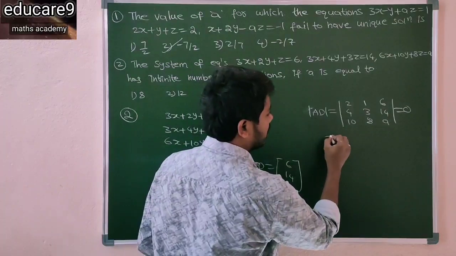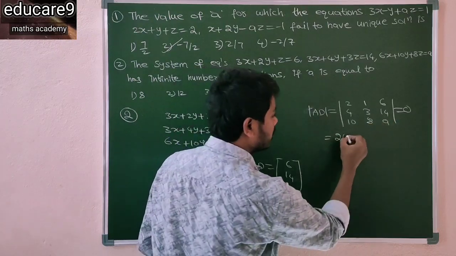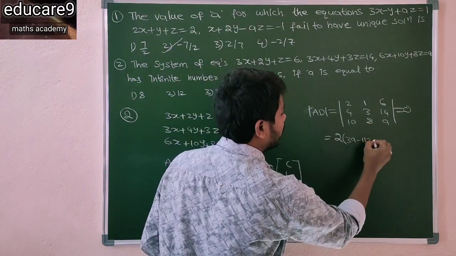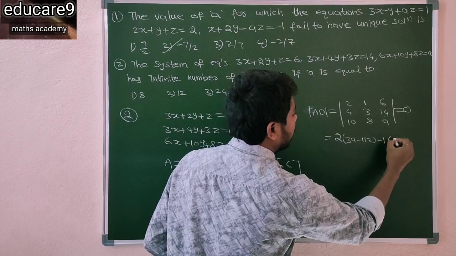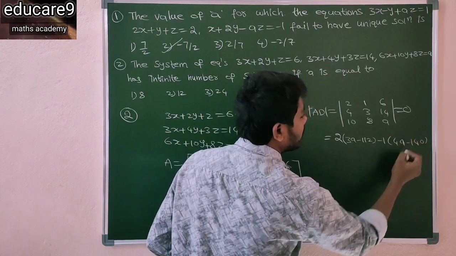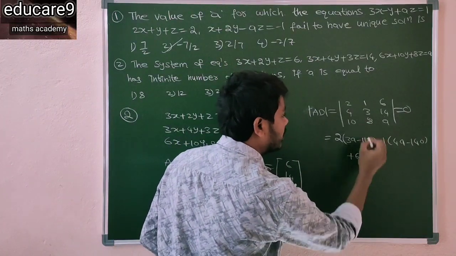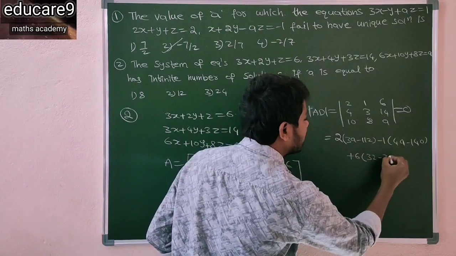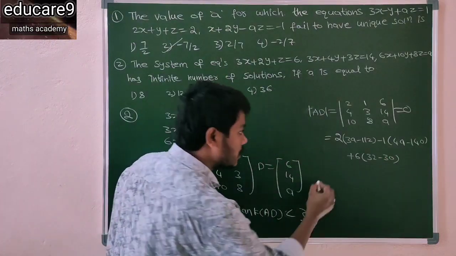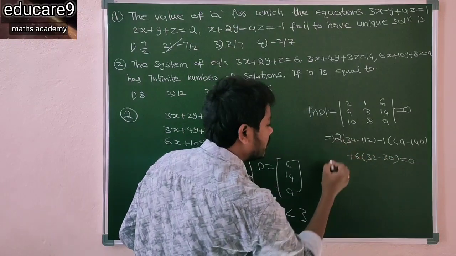Now this is what? 2 into 3a minus 112, minus 1 into 4a minus 140. Okay. So plus 6 into 32 minus 30. So clearly this is equal to 0.